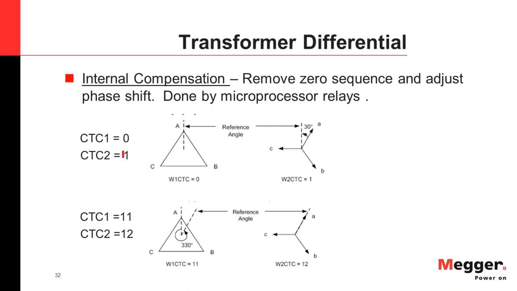If I say 1, my relay will understand that it has to internally rotate the Y winding of the CT to be in phase with the delta winding. So if you put the settings like this, the relay will understand automatically, and it will compensate for the phase shifts. And in doing the compensation for the phase shifts, you are also eliminating your zero sequence. You can clearly see that mathematically, though I have not shown it here.